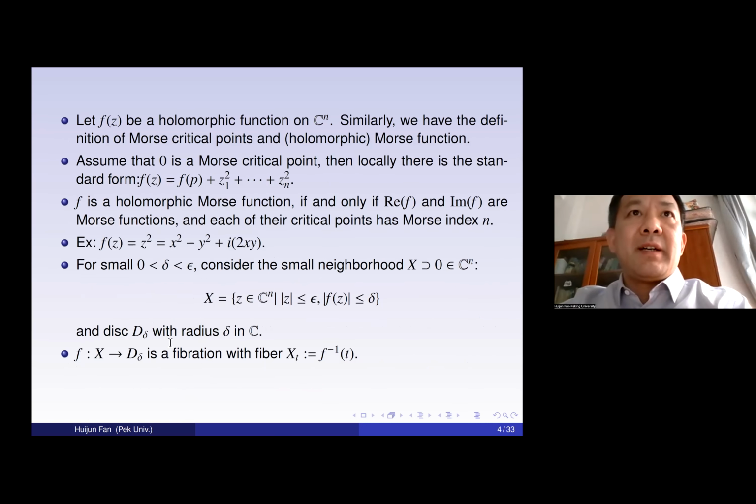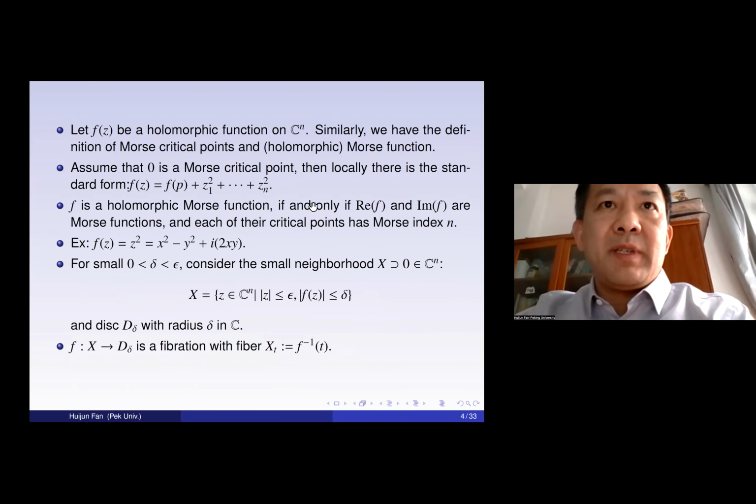And then let's turn to the complex case. Let f be a holomorphic function on C^n. Similarly, we have the definitions of Morse critical points and holomorphic Morse functions. Assume that 0 is a Morse critical point, then locally we also have the standard form: f(z) equals f(0) plus quadratic terms.